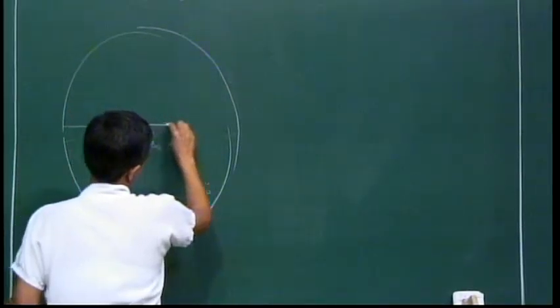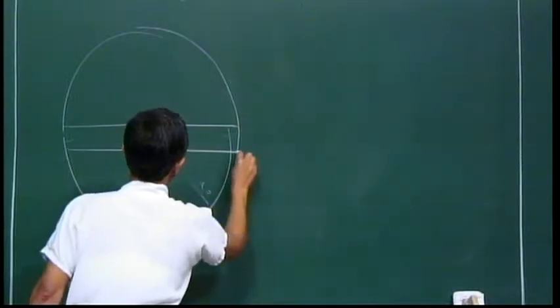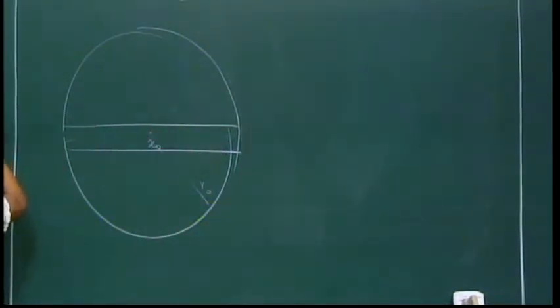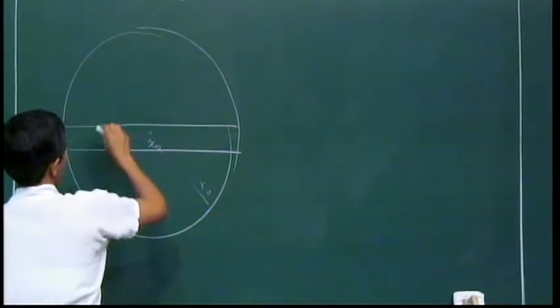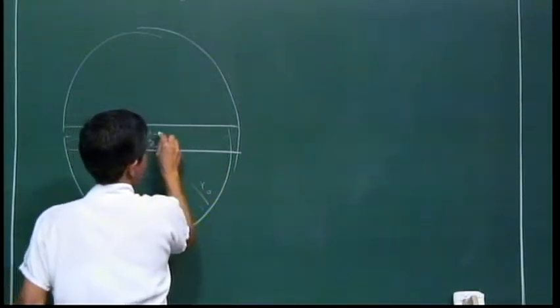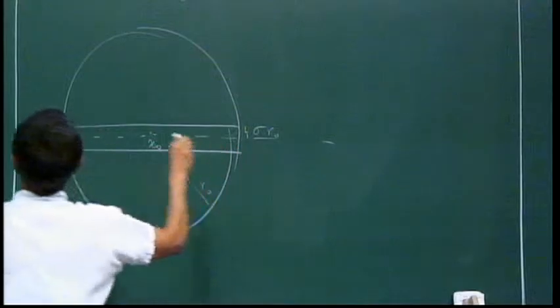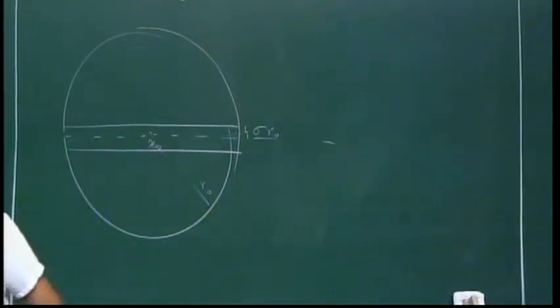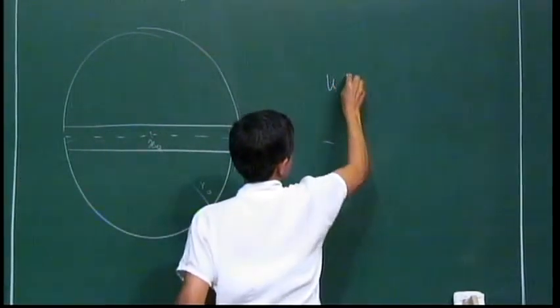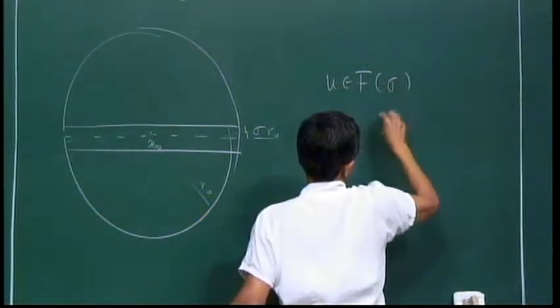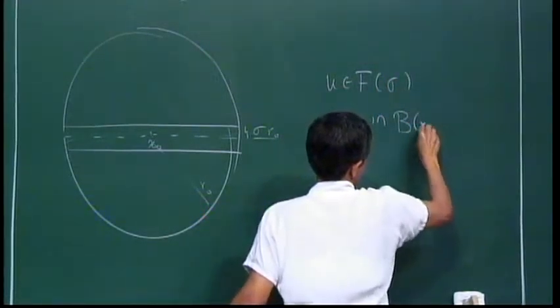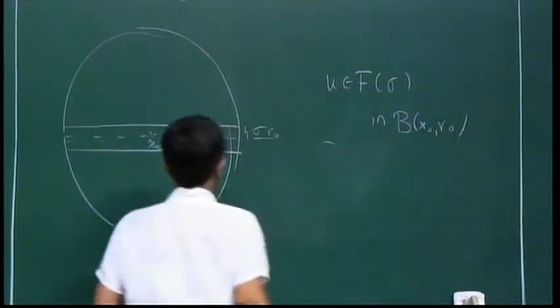There exists a unit vector E such that, sorry, I don't know if I have already put everything or not. Yes. So we say that U is flat in B(x naught, r naught) if the following picture holds.